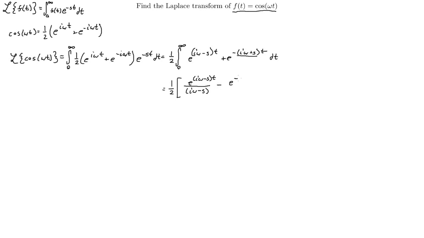So we'll have e to the minus (i omega plus s) times t, and we'll have i omega plus s, right? And again, we're going to evaluate this from t equals 0 to t goes off to infinity.